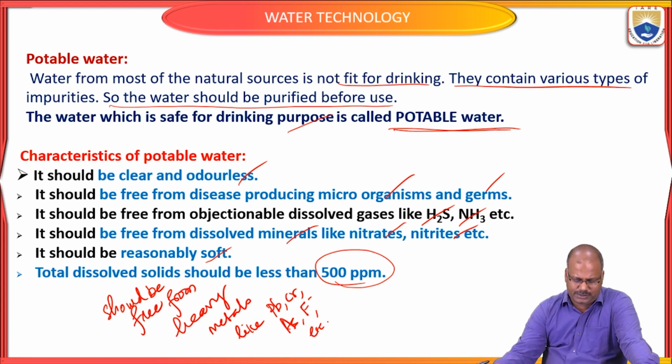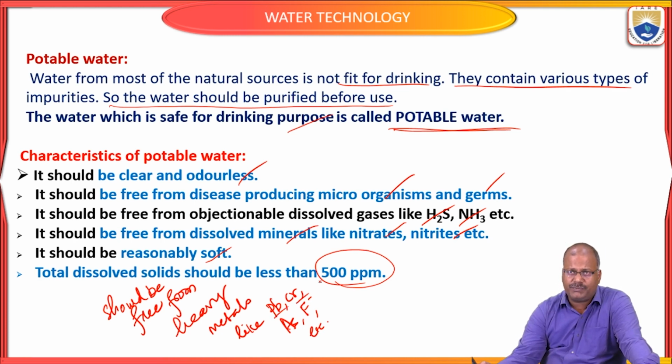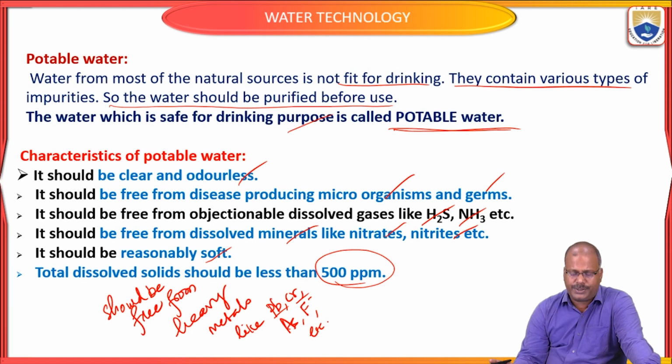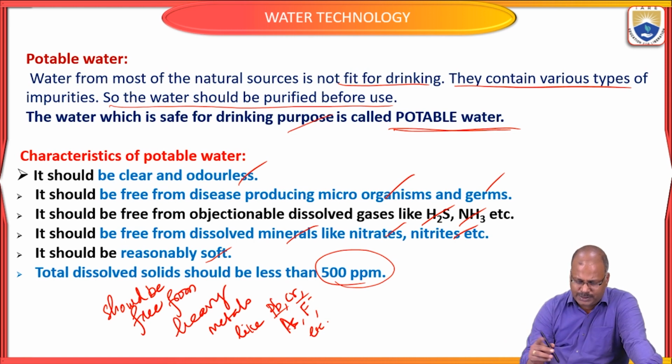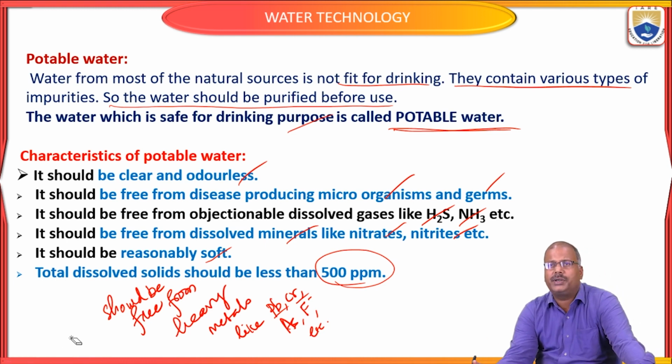But even lead, chromium and all, being heavy metals, should ideally be absent. It should not contain even 10 ppm. So this is the introduction to potable water.